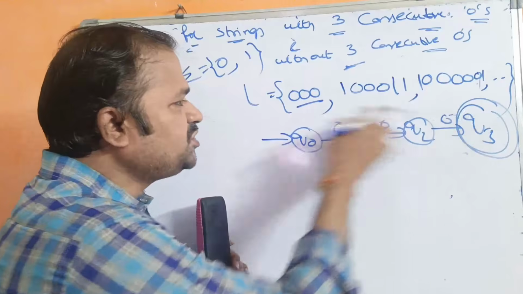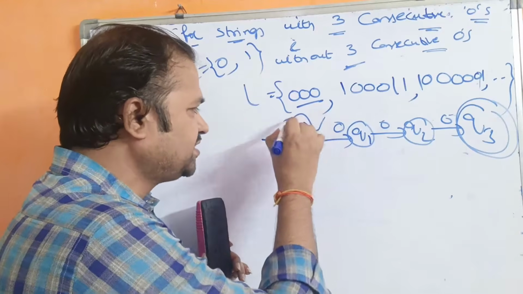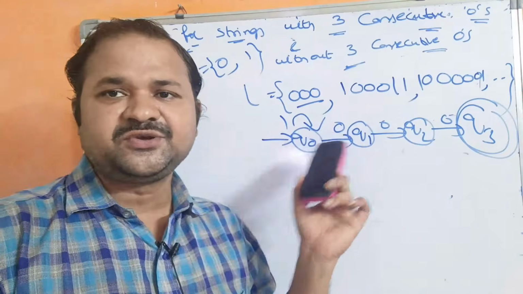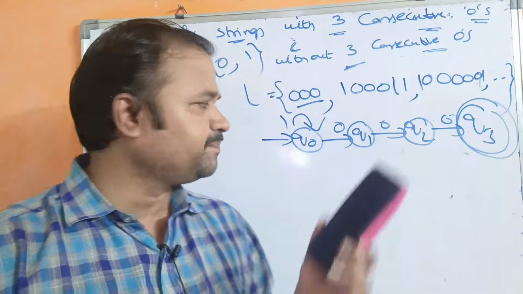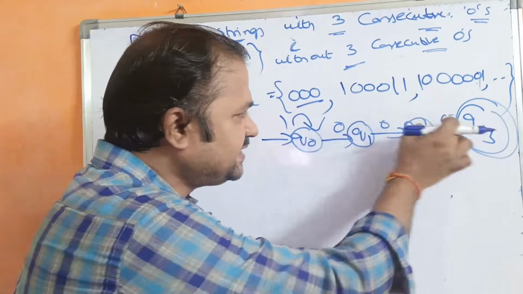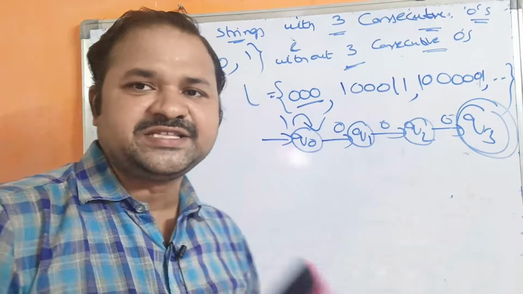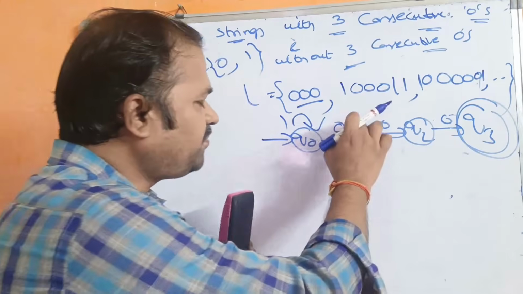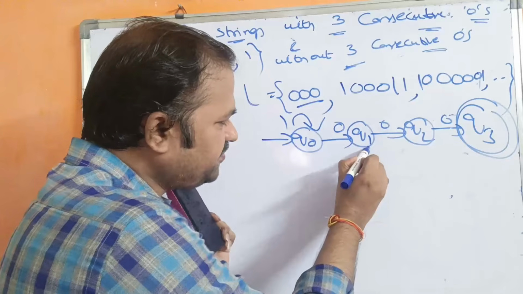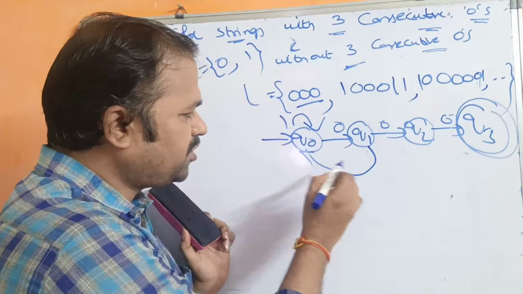Here before 000 we can have any number of ones, so there is no constraint on that. So let us apply 1. Q0 on 1 means Q0 only. Next, these 3 are 3 consecutive zeros, so we can't apply a self loop. So Q1 on 1 means we have to go to the Q0 state.